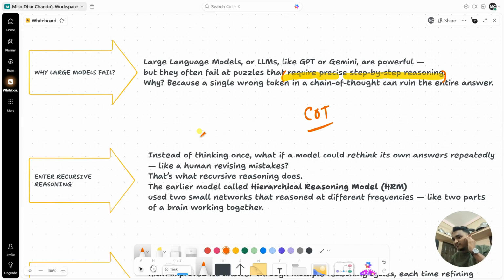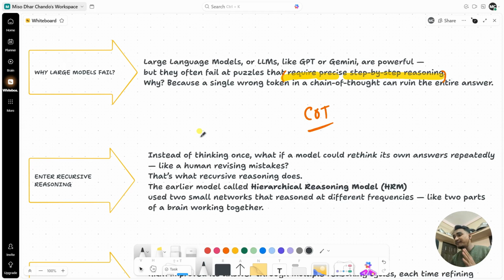Now, what if the model can rethink its own answer repeatedly, like we do as humans? Let's say I solved all of the DSA problems and now I need to revise for my interview. So I revise them to find my mistakes. This is how it happens in the case of recursive reasoning.